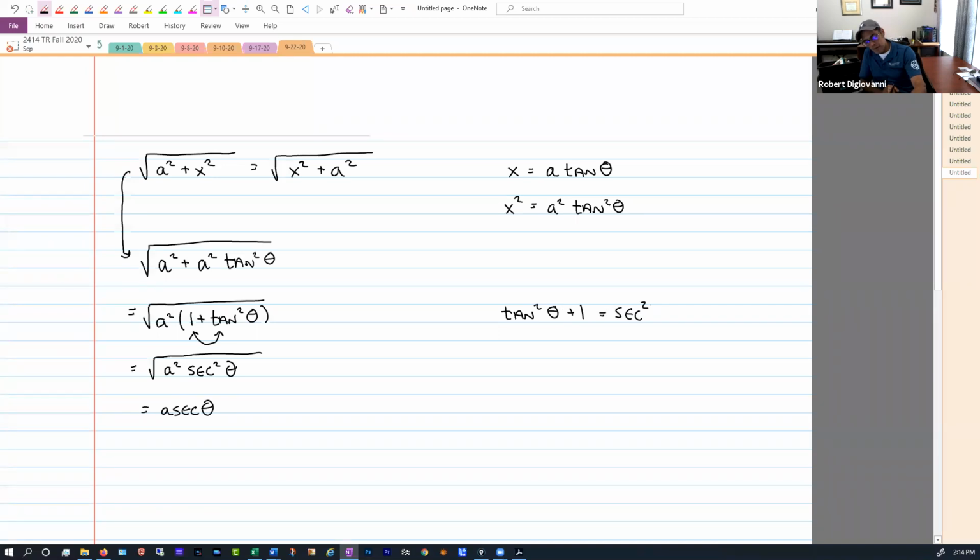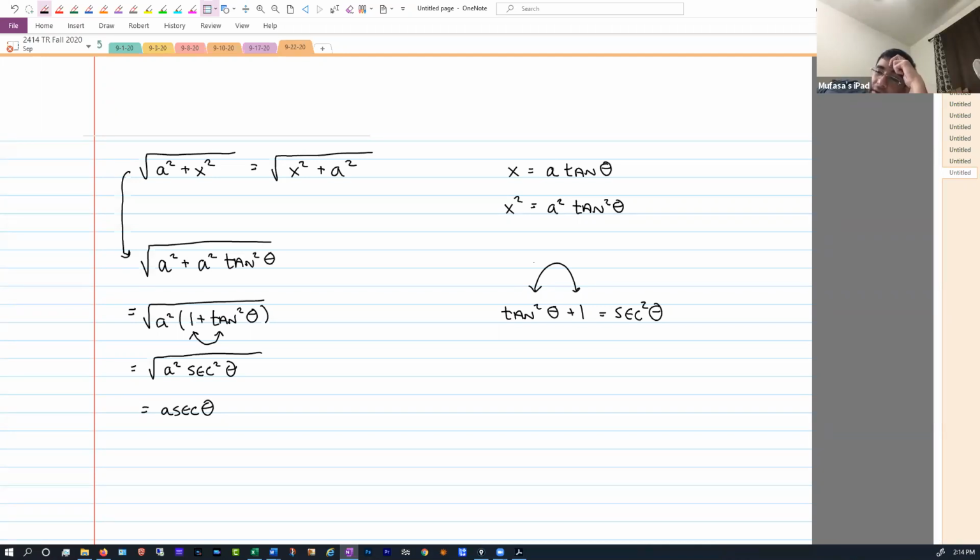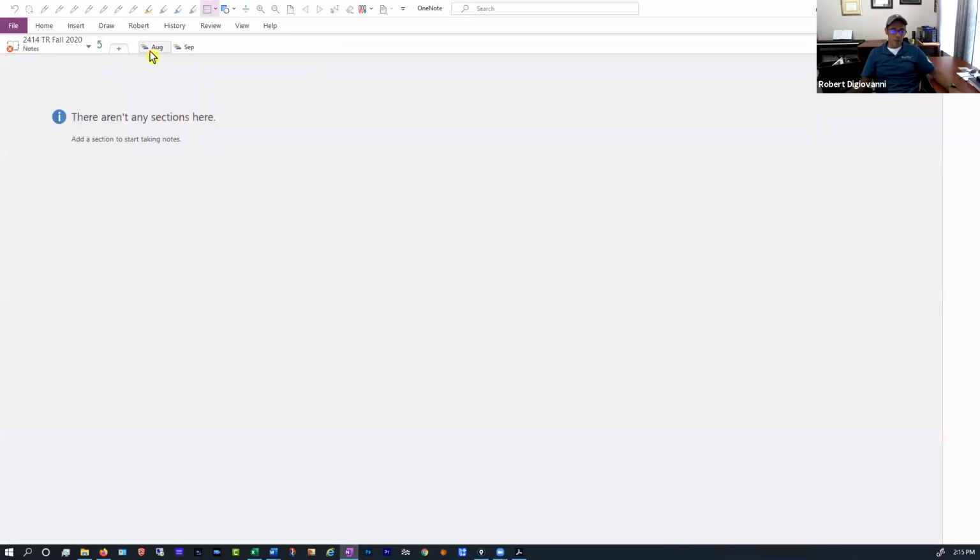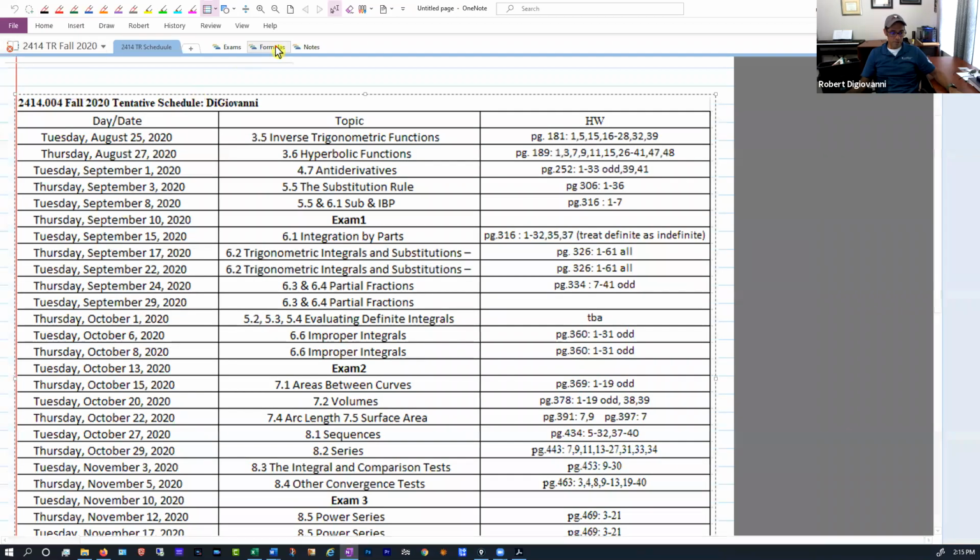If you switch the order of these, it changes nothing, because there's addition there. Tangent squared theta plus 1 is the same as 1 plus tangent squared theta. But when you're dealing with sine and cosine, if you move something to the other side, it becomes negative. We're not moving anything to the other side, we're just commuting the addition, switching the order. I understand. Okay.